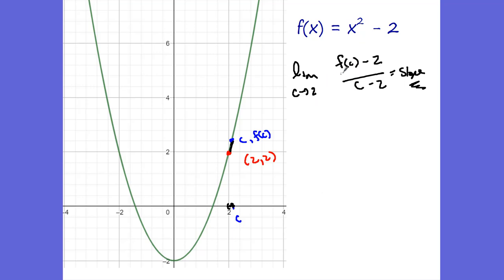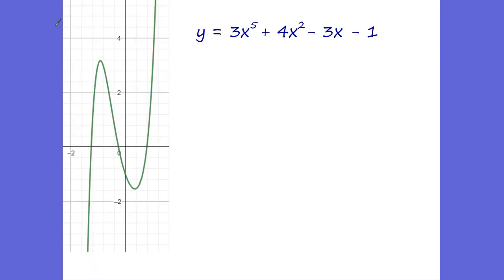But what about when your function looks like this? 3x to the 5th plus 4x squared minus 3x minus 1. And we're trying to find out what's the slope of the tangent line at this point right here. Well, that takes a little bit more work, doesn't it? That is going to be a little bit more tedious.